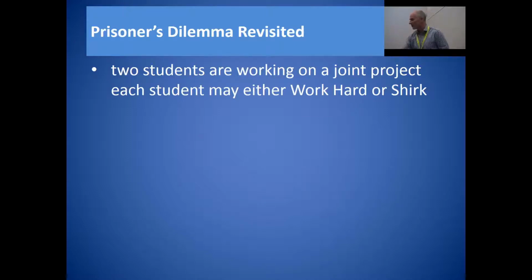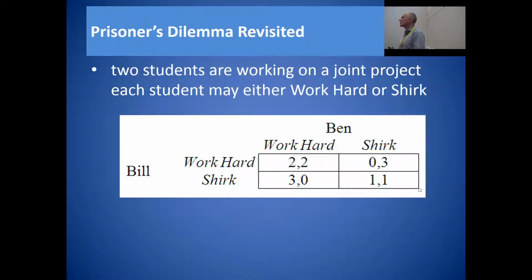You can either work as hard as you possibly can, and contribute towards the group, or, hopefully this won't be the case, you can put in no effort whatsoever. You can shirk. So you either put lots of effort in and work hard, or you shirk. Those are the two pre-described levels of effort. So let's take a two-player version of this game as before.